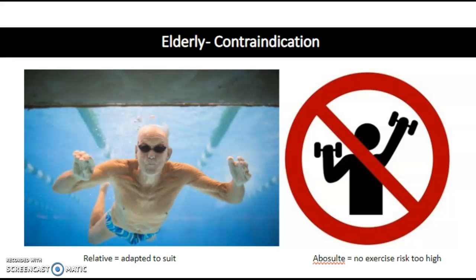This shows how individuals with relative contraindications may exercise, but under altered exercise plans to accommodate their individual needs, to make the exercise as enjoyable and painless as possible, while also reaping the benefits of exercise.